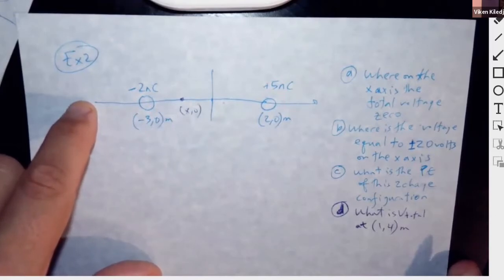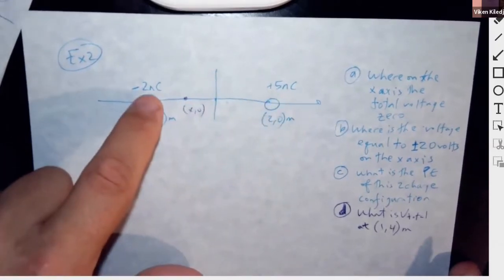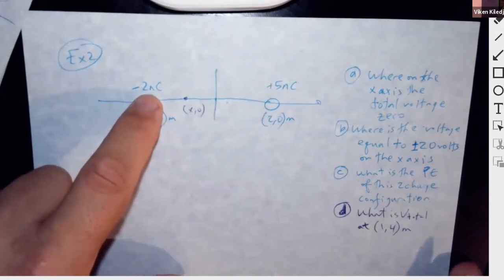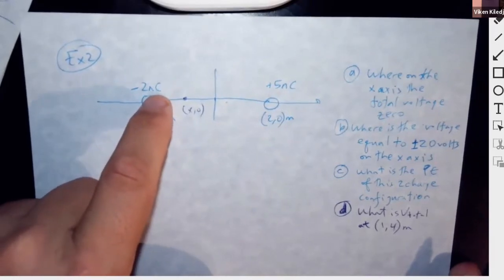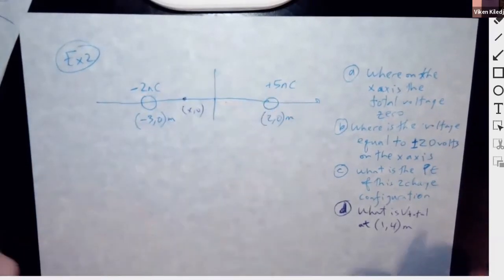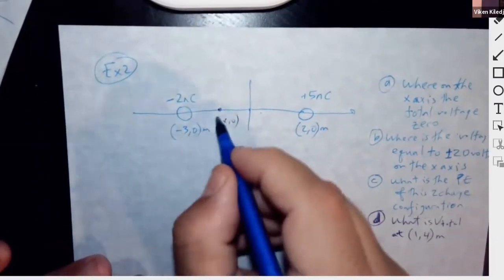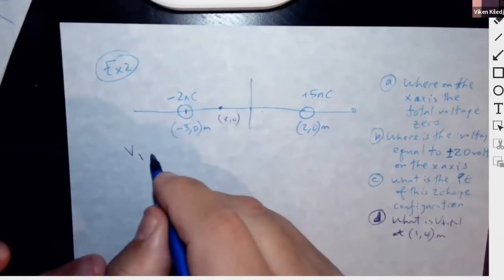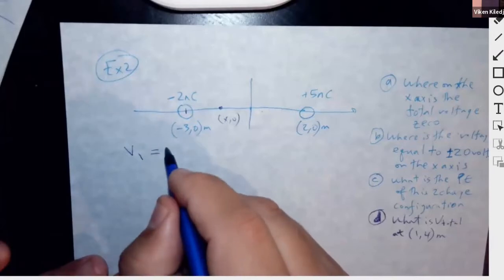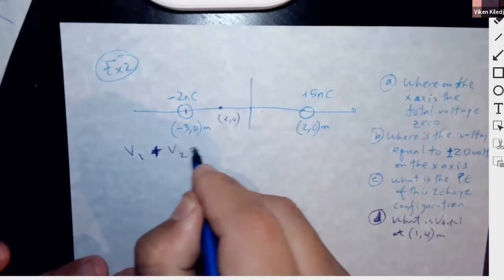So since you're not worrying about direction, the voltage created by each charge is just simply a scalar, right? So the voltage created by this and that, they add up like a basic number. So then we're just going to say at some random point, the voltage due to this charge needs to equal the voltage, or we could say this way, voltage 1 plus voltage 2 is 0.